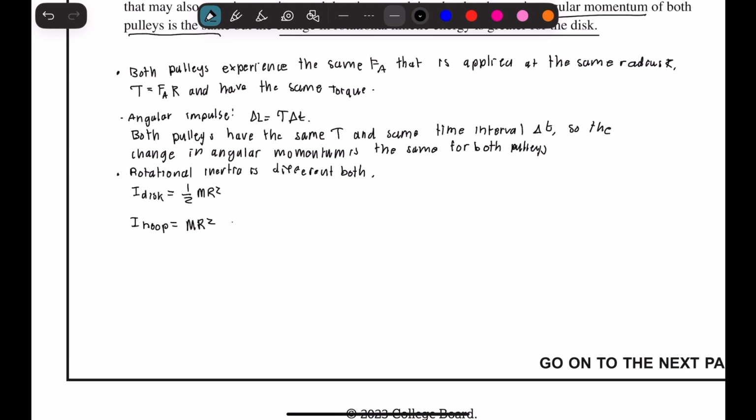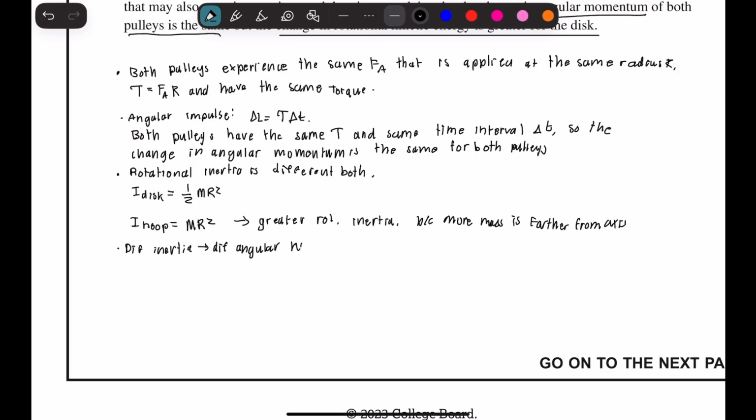So we know that the hoop has the greater rotational inertia, and that's because more mass is farther from the axis, while the disk has more mass that's closer to the axis in total. And we know that different inertia will result in different angular kinematics.